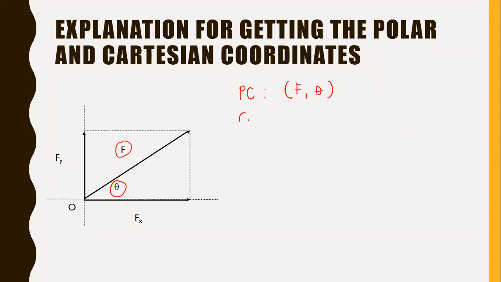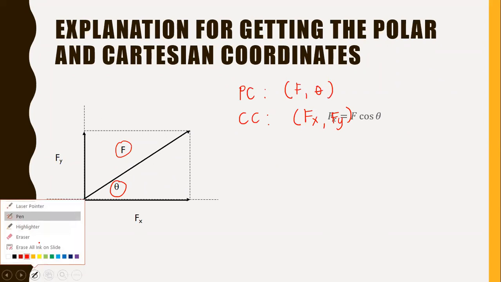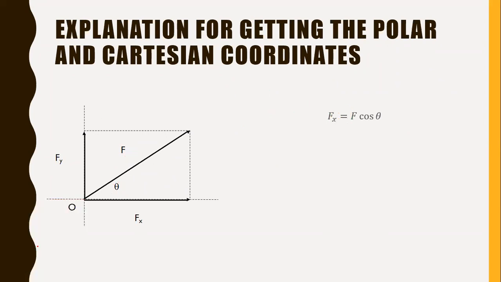While for the Cartesian coordinate, you have your Fx and Fy. Now for Fx, you have Fx equal to F cosine theta.